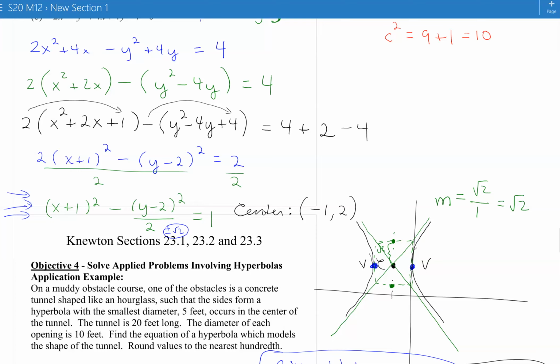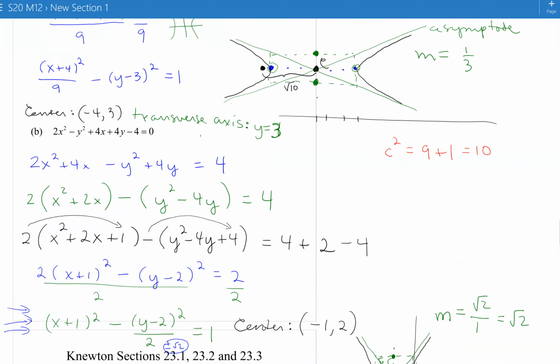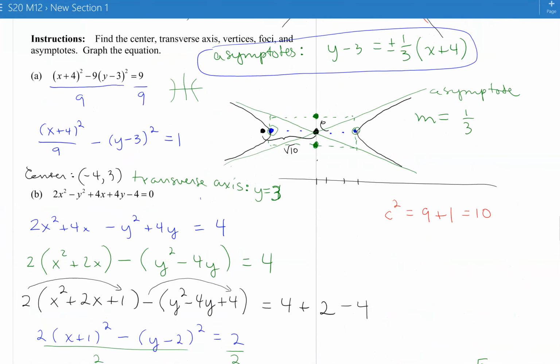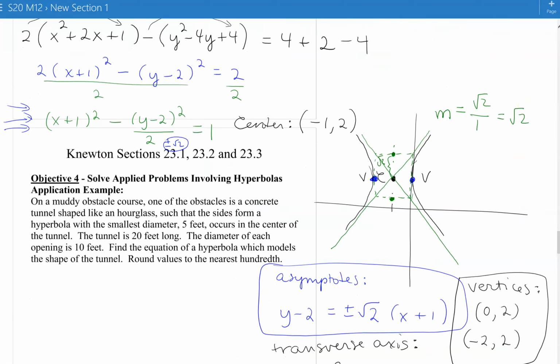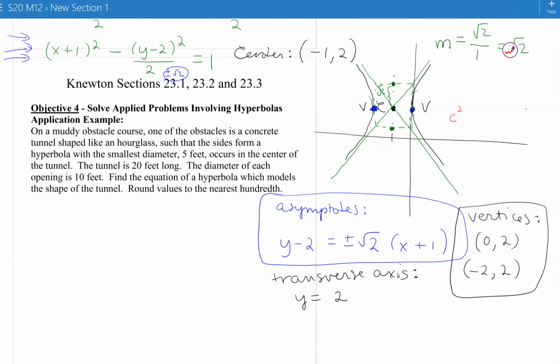Okay, so I've got the center, the transverse axis, the vertices, and the asymptotes. So I need the foci. So little c squared is the sum of the denominators. So it's 3. And c equals plus or minus square root of 3.